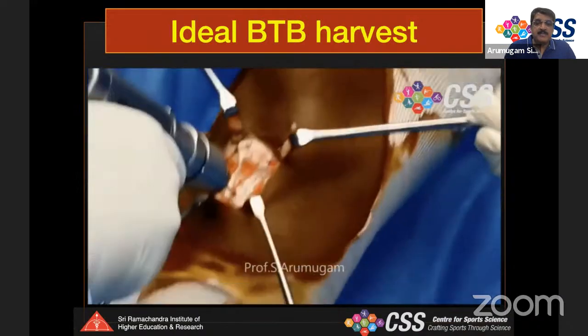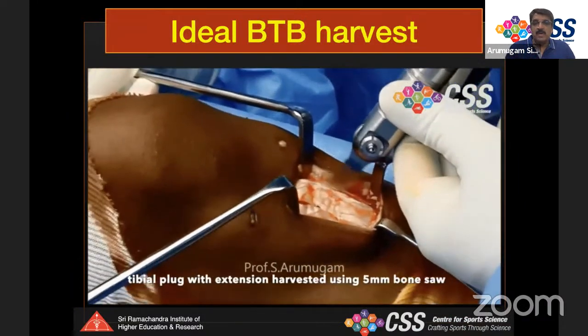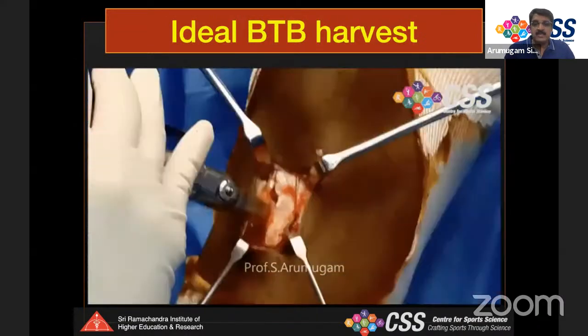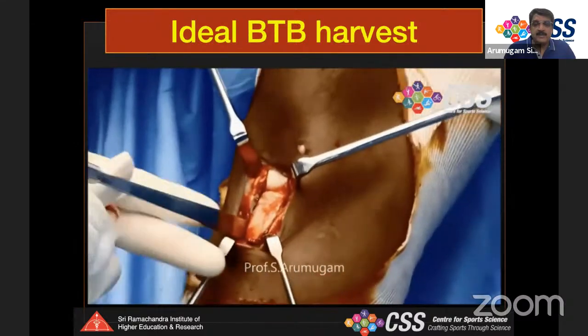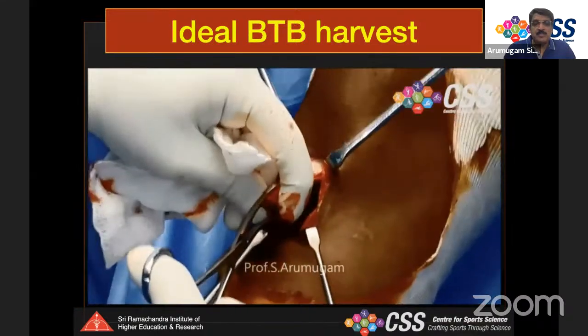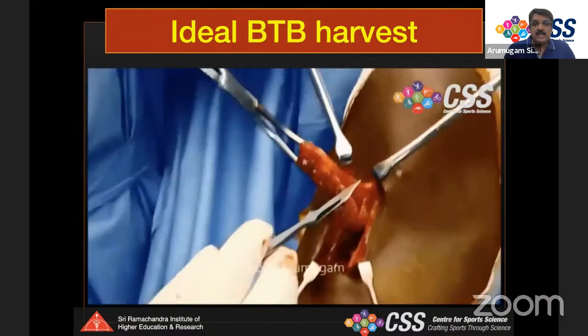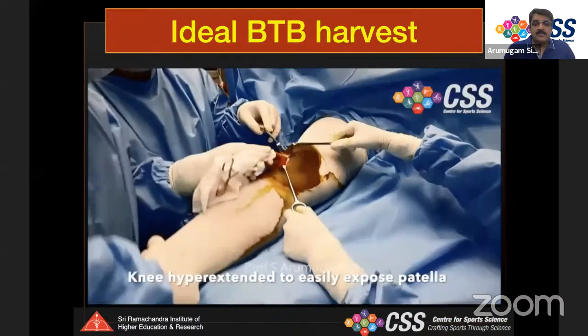Always pre-drill it before harvesting the bone plug out. Use the small saw, what you use in plastic surgery, not a big knee saw. Never use just an osteotome and mallet. Osteotome and mallet only to deliver the bone plug. Once you do that, that's the tibial tongue. And the knee is put into full extension.